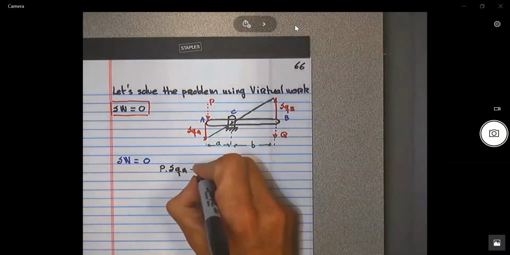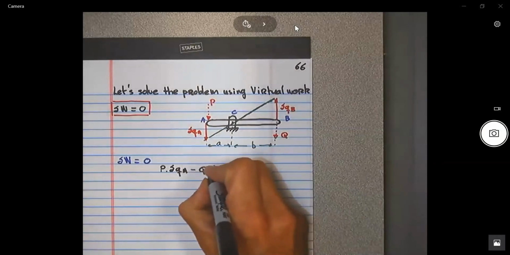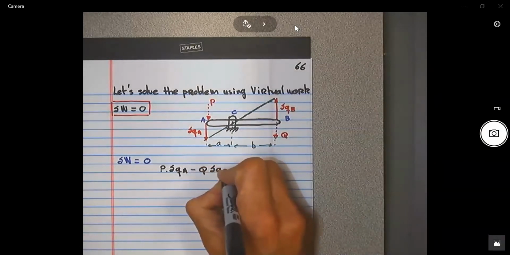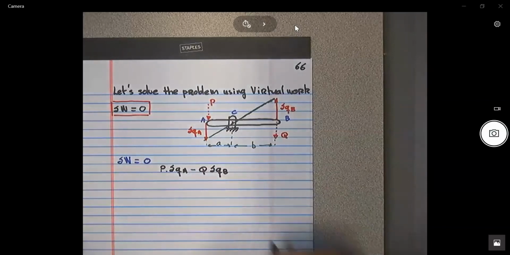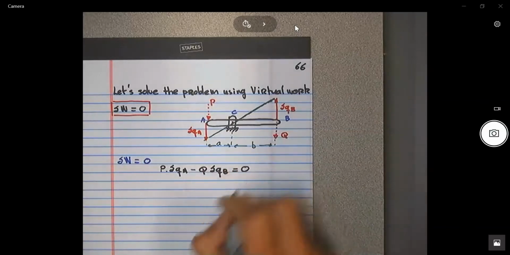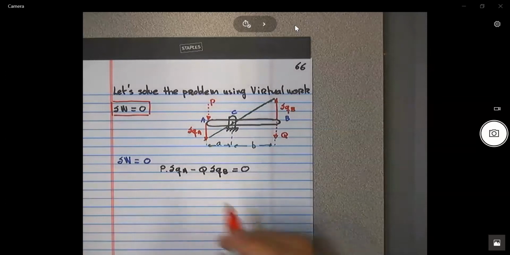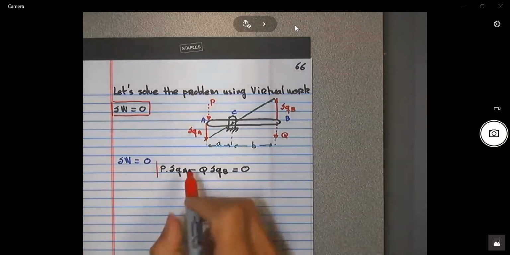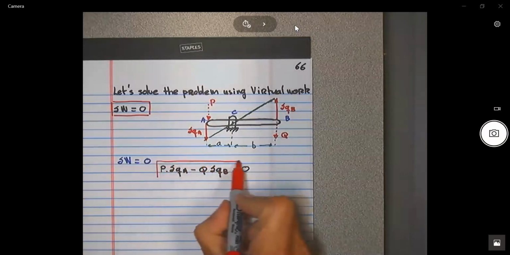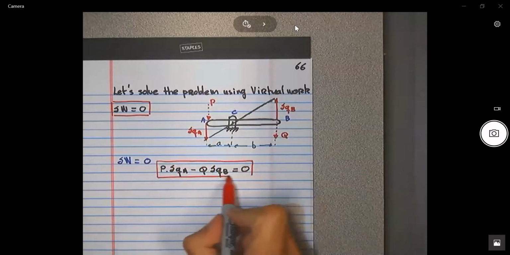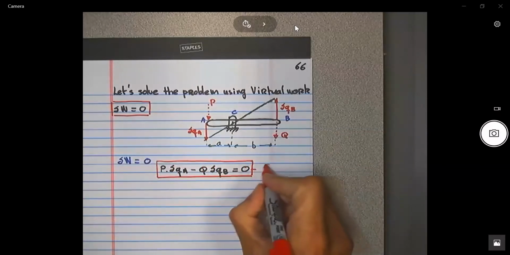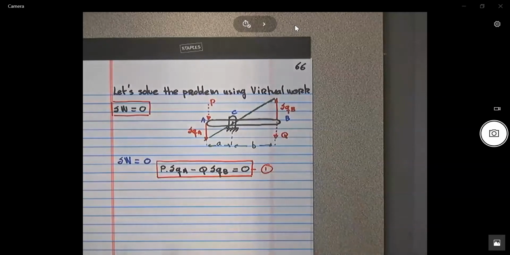So minus Q times delta Q sub B, and this should be equal to 0. Now this becomes just math. Here we have one equation. How many unknowns do we have? Two, delta Q sub A and delta Q sub B.